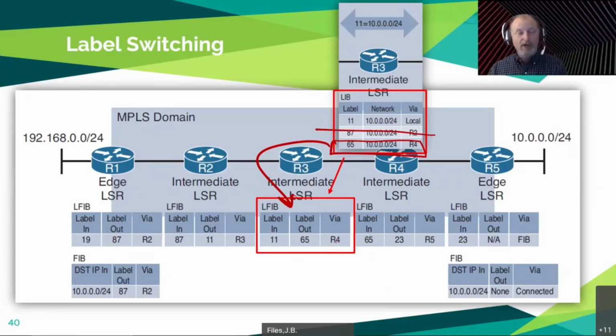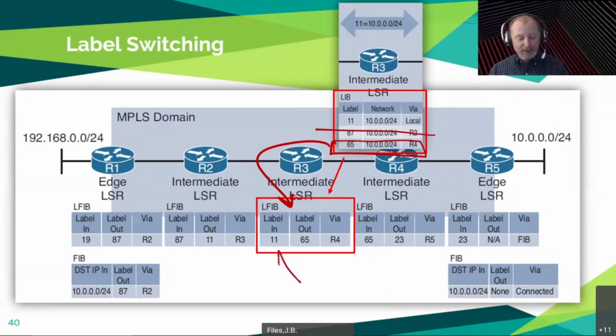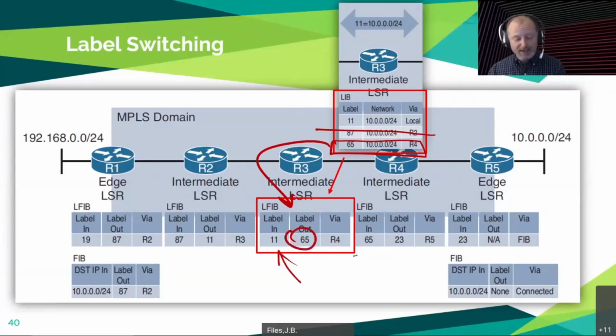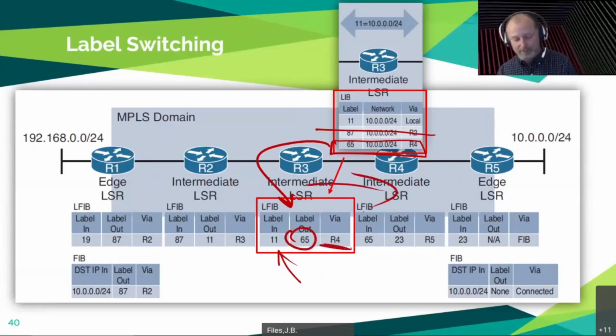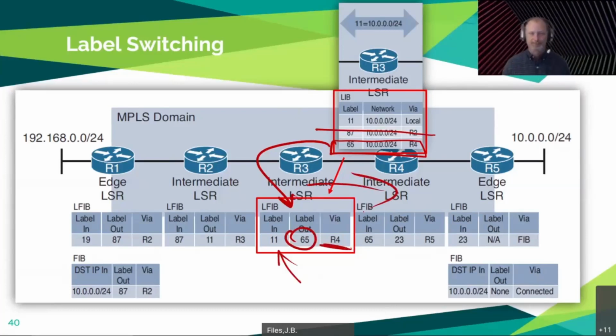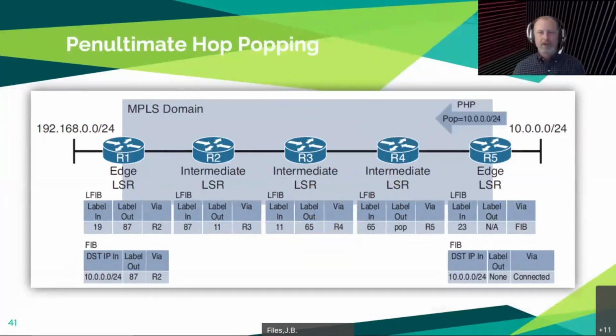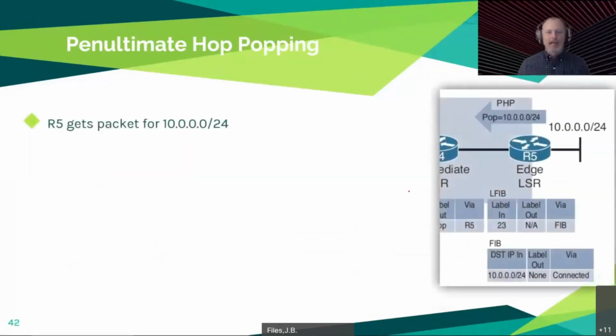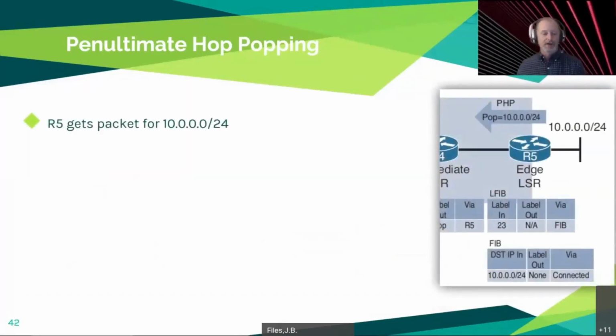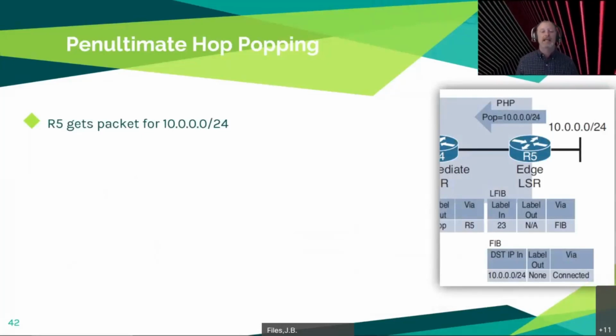Regardless of where it comes in, if it's labeled as 11, we need to change it to 65 and send it out the R4 interface. Now, this all happens. It gets to R5. So R5 gets the packet for the 10 dot network.